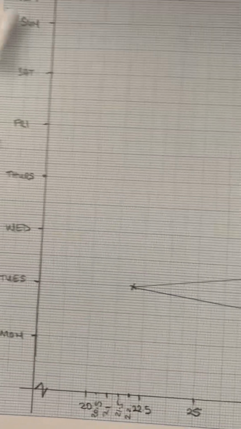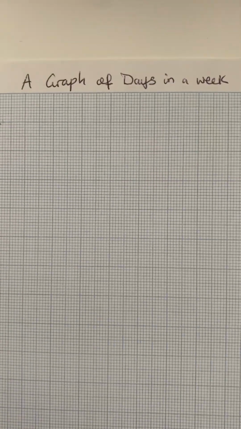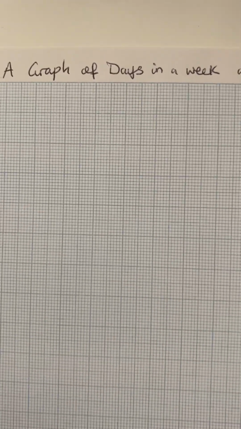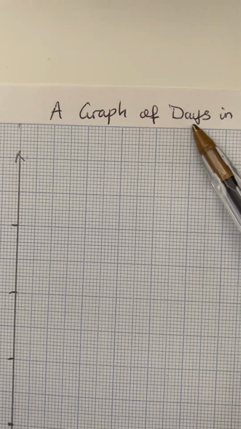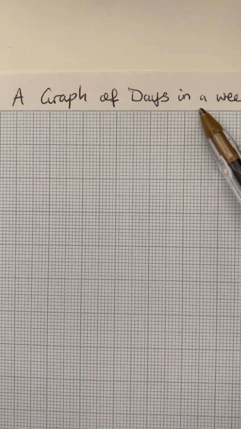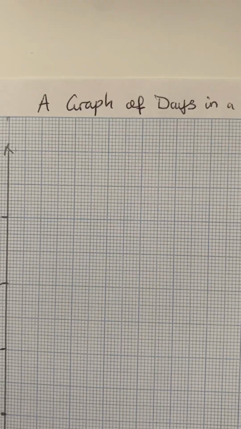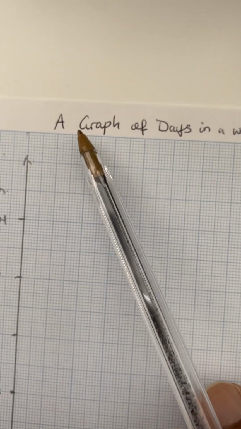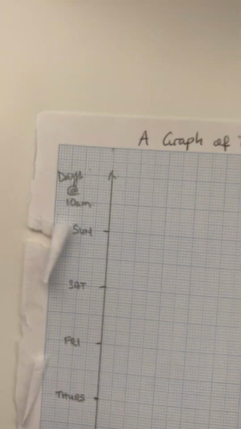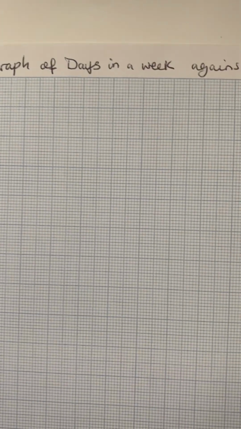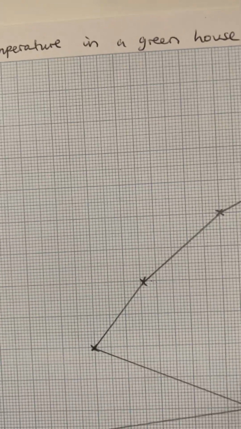Now every graph should have a title. Your title should be in pencil, but because I turned my graph this way, this space is not part of the graph, so I decided to write my title in pen.